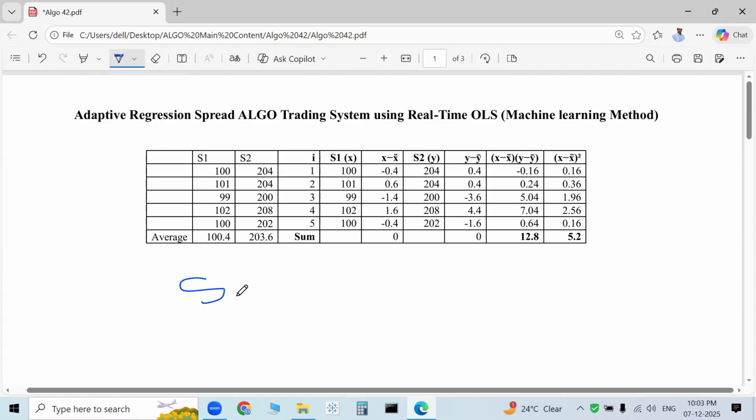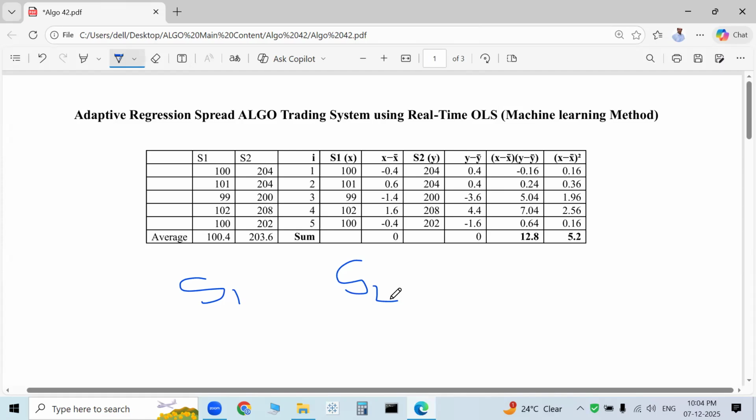We are in a logic of S1 and S2. Who is expensive? If one of them is expensive and the other is cheap, the expensive one should be sold and the cheap one should be bought. That is the logic. Now how to decide which one is expensive and which one is cheap?